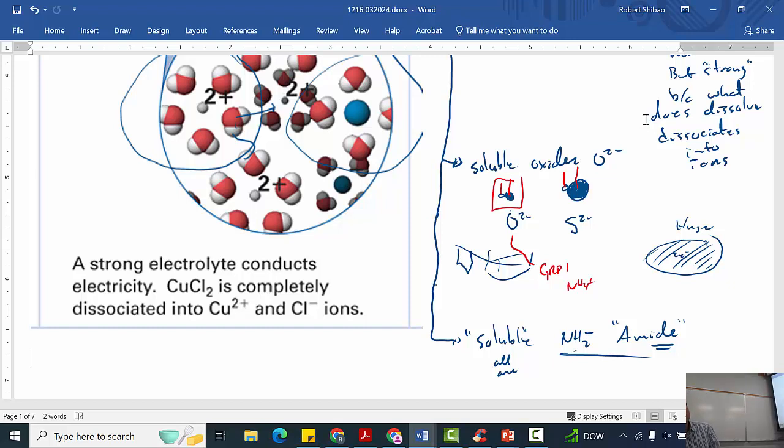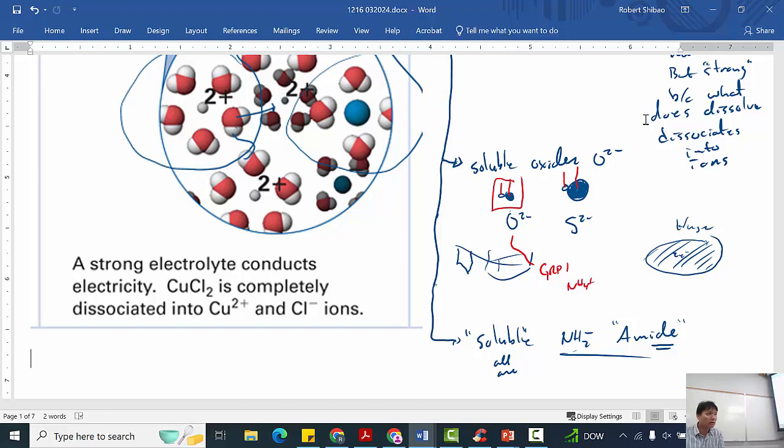What does it say to the right of amide? Very strong base? Yeah. What's above amide?